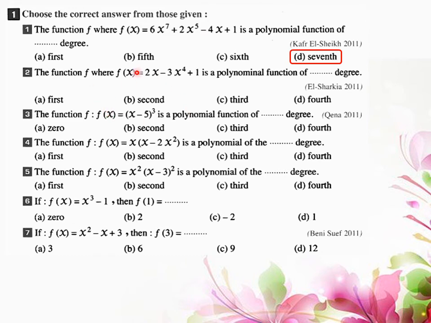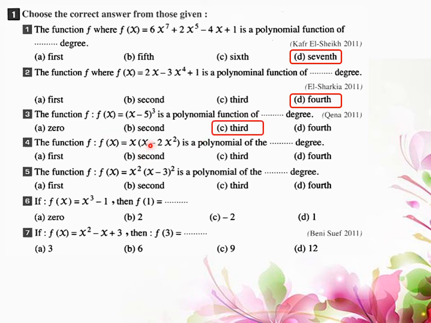Number 2, 2x minus 3x power 4, the highest power here is 4, so the degree is 4th degree. Number 3, the function x minus 5 in brackets all power 3, so the function is of 3rd degree.